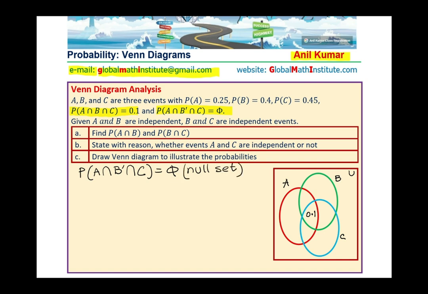Perfect. So let's first find, let's rearrange it, right? So it is intersection of A, C, and then we'll do intersection of not B. Is that clear to you? That is given to us as phi.